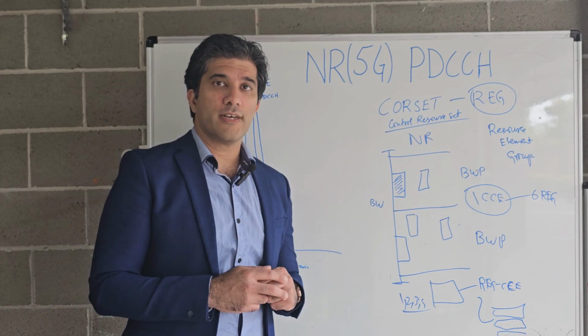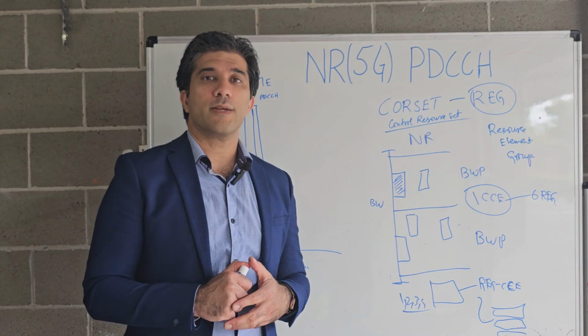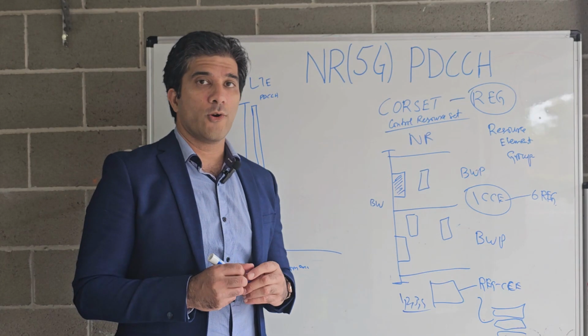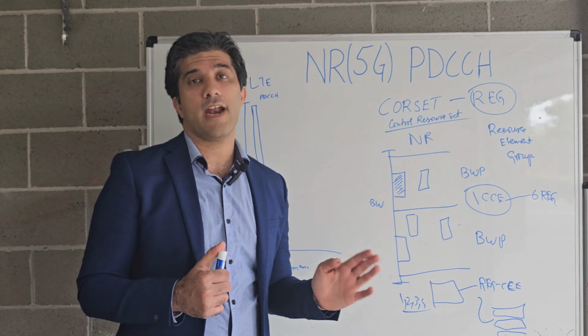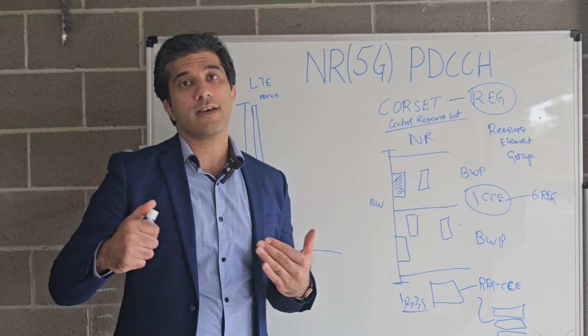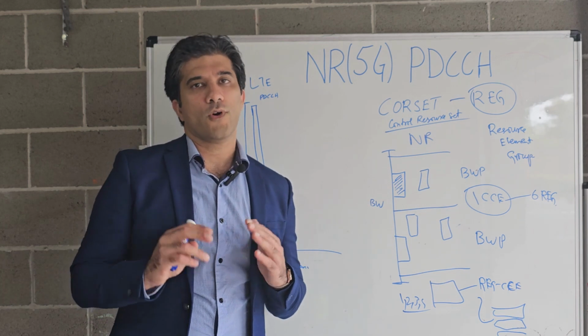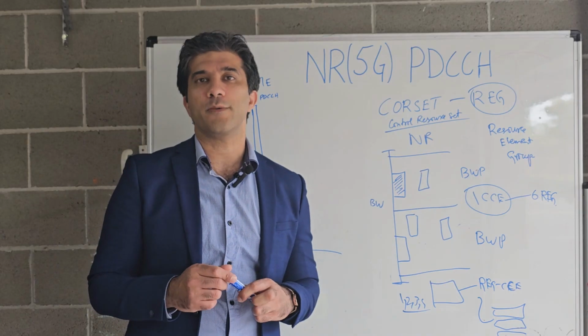I hope you have enjoyed this video, and this is a very interesting concept of CORESET on the NR side. Before I go, I wanted to highlight that this concept is only in NR standalone, because in NR non-standalone, the PDCCH information for all the required UEs is sent through the LTE part.